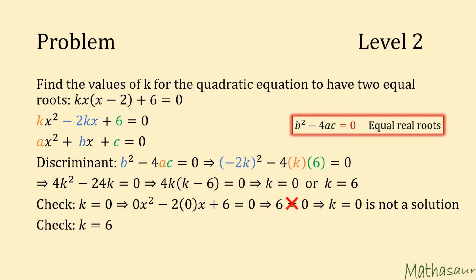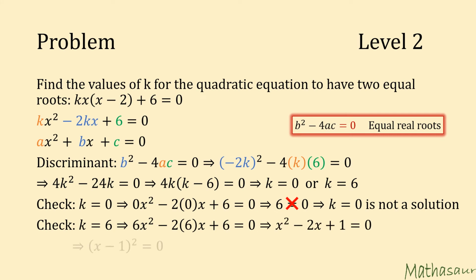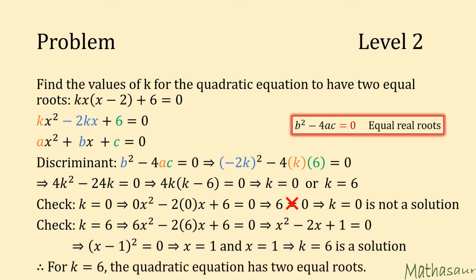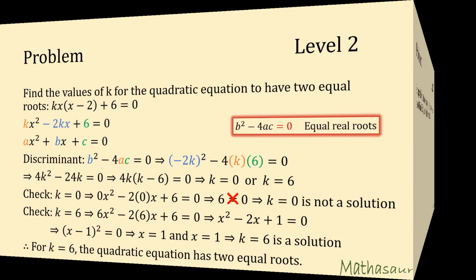Let us check for k is equal to 6. Yes, this gives us two equal roots, 1 and 1. Hence k is equal to 6 is a solution, which means that for k is equal to 6, this quadratic equation has two equal roots.